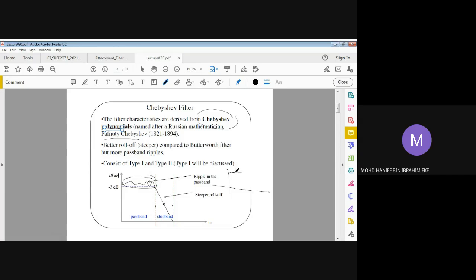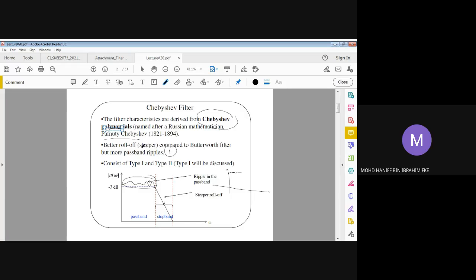In terms of comparison, I think Butterworth is better than Chebyshev here, because if you have ripple in the passband, it means you are going to have more noise for Chebyshev filters as compared to Butterworth. That is the first comparison.